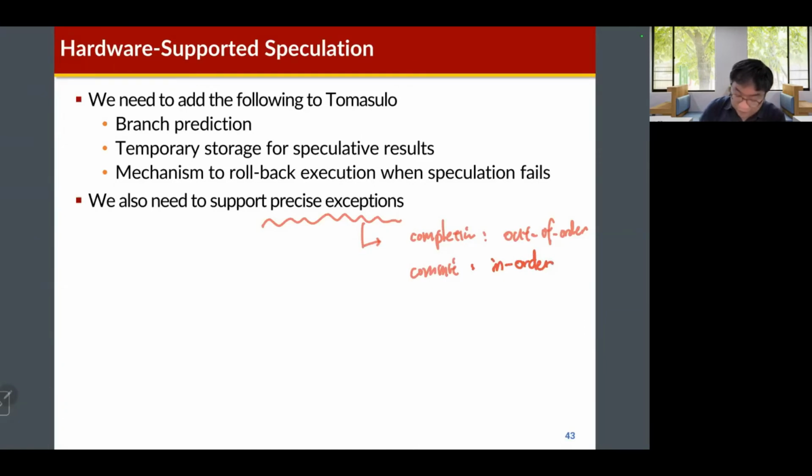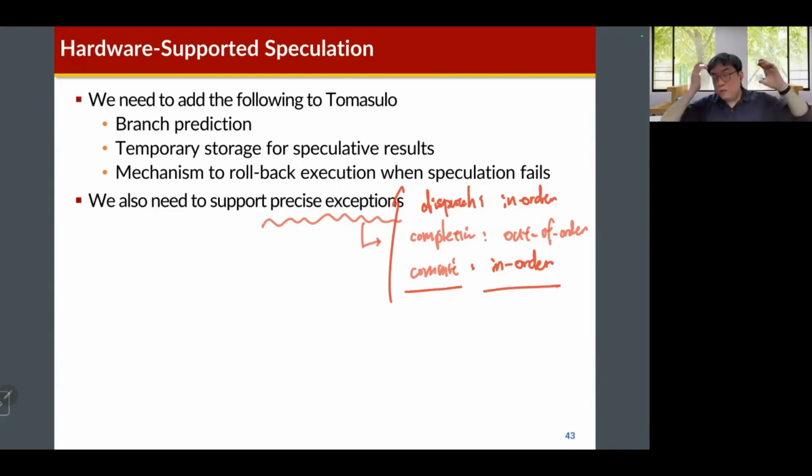Understand? With speculative execution, dispatch is in order, completion is out of order, and commit is in order. What does that mean? Commit means that the results of instructions are updated to registers or memory.